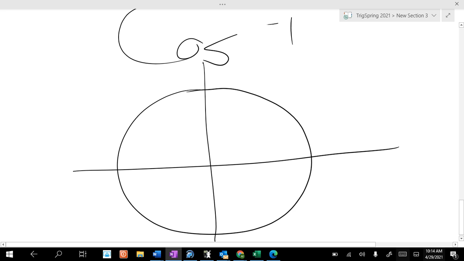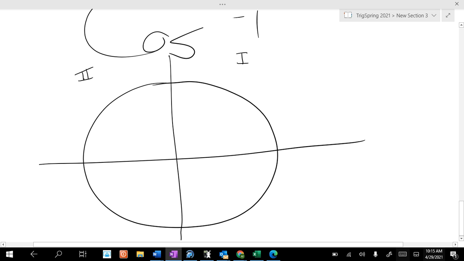Now, cosine. If you look at quadrants 1 and 4, what do you know about the cosines? They're both positives. So we can't use quadrants 1 and 4. So now we got to use quadrants 1 and 2. All right. So, what is the domain and range for inverse cosine?